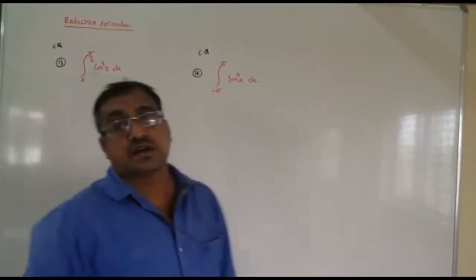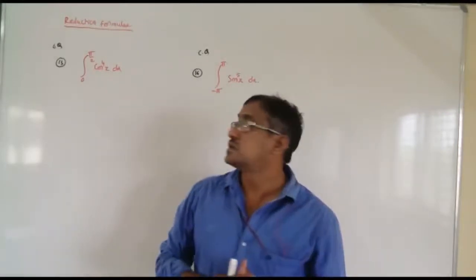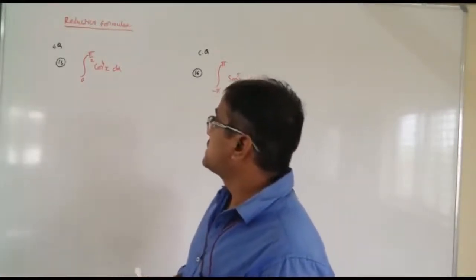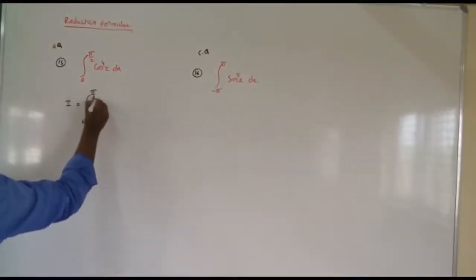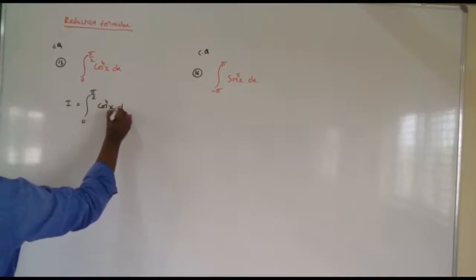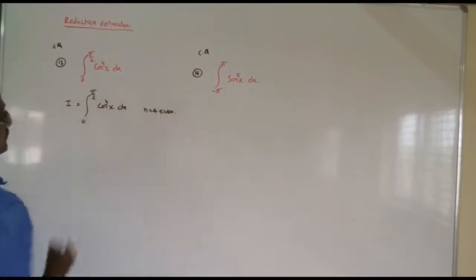Now let us see how we apply the reduction formula for the given different integrals. Now the given integral is capital I is equal to integral 0 to pi by 2 cos power 4x dx. Now where n is equal to 4, even.